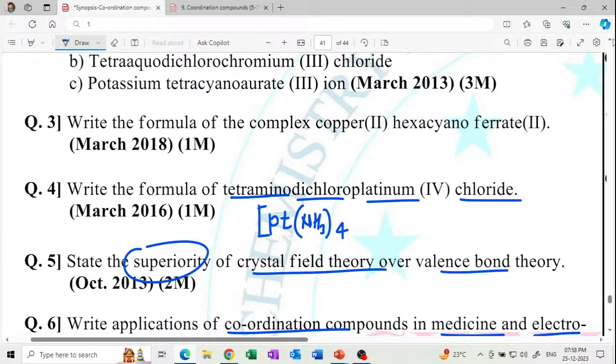Okay, dichloro Cl2, and this is the chloride Cl. So what is the oxidation state of the platinum? Platinum plus 2. So this is the Cl2, plus 2. So this is Cl2. Yes, correct, this is Cl2.